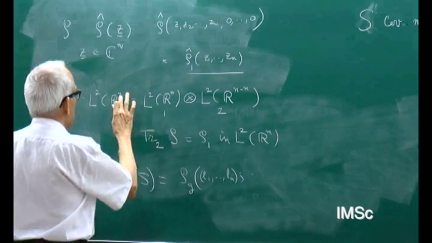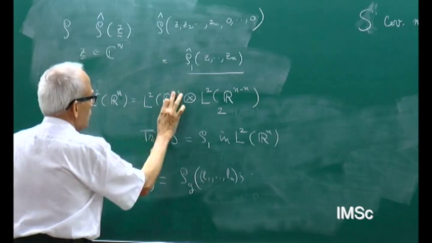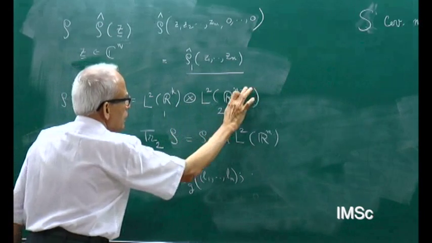Let me write here k, this is k, and this is n minus k.